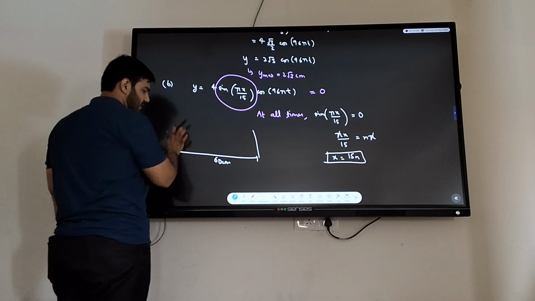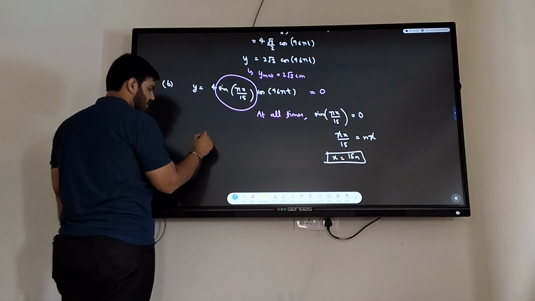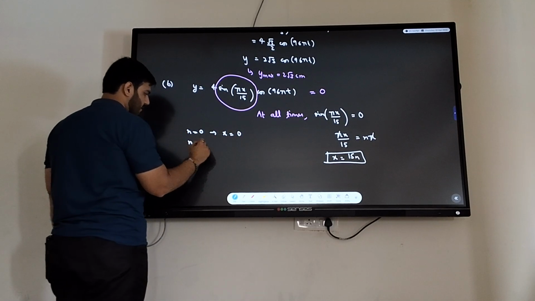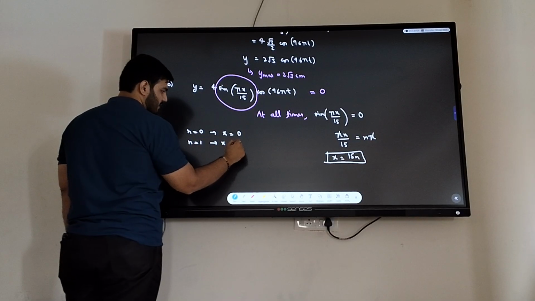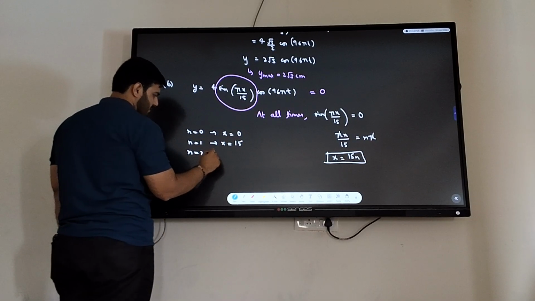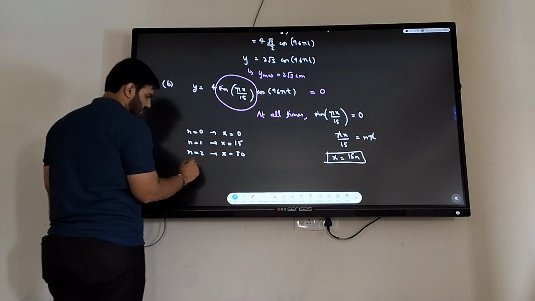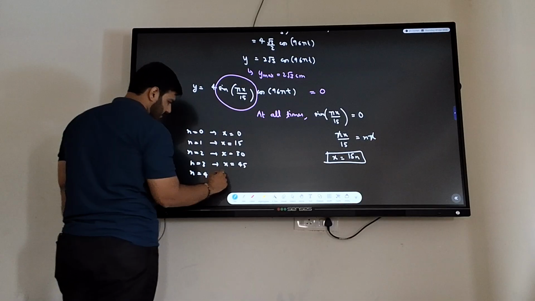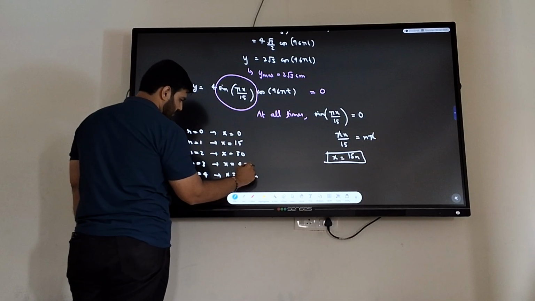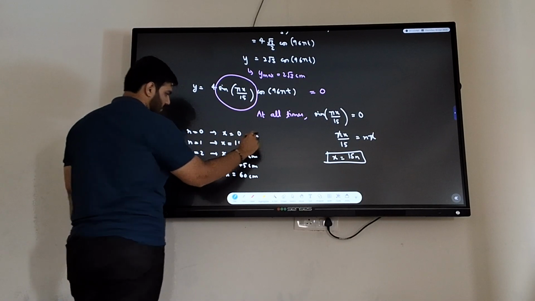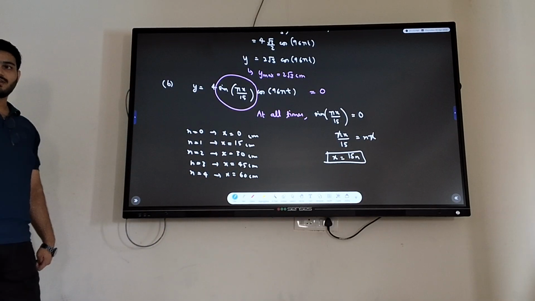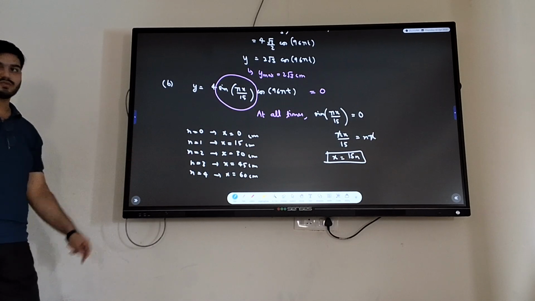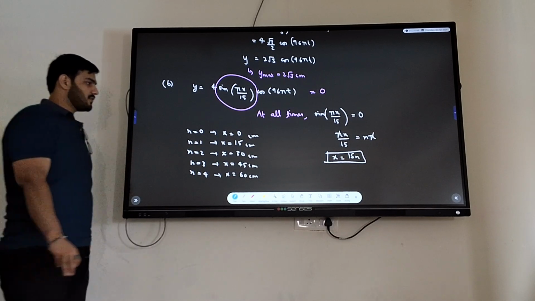So what are the possible values? n equal to 0 पे x equal to 0, n equal to 1 पे x equal to 15, n equal to 2 पे x equal to 30. Is this correct? Please check. Yes, and this will end at this point, na. You can't go beyond 60 centimeter because that's the end of the string. These are the positions of the nodes at all times. Now what is the third part?